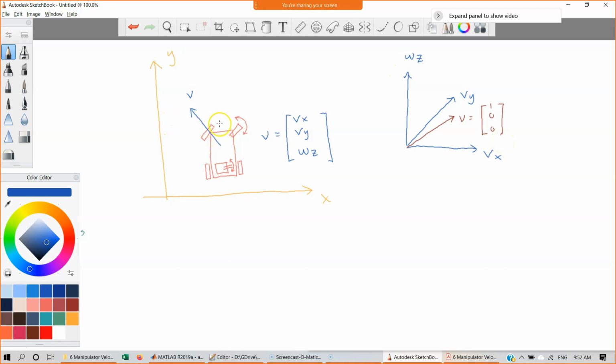But there is a configuration of this robot where we would have a problem. For example, let's say now the robot becomes like this.